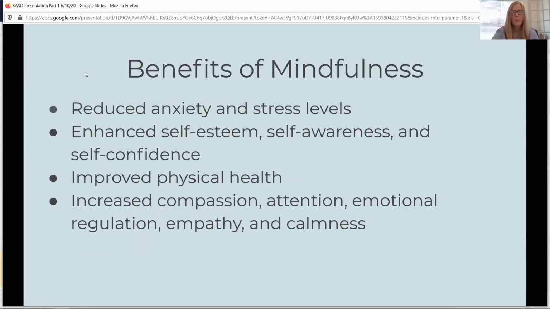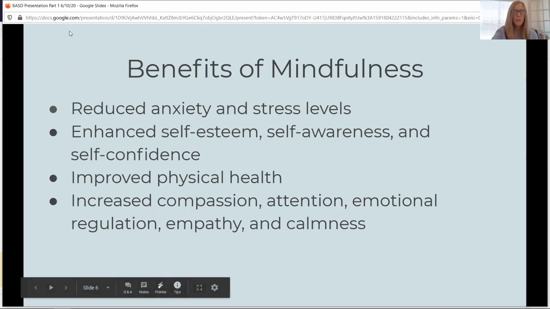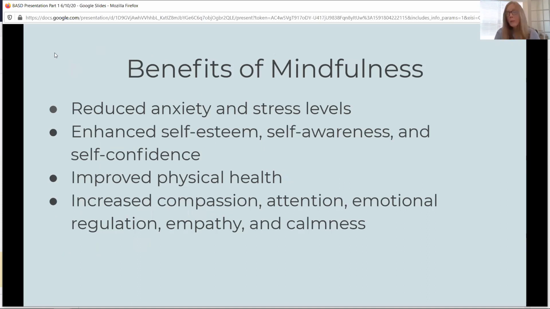Benefits of mindfulness, we'll just go through this quickly. A lot of research has been done on mindfulness, so this is science-based. Mindfulness does reduce anxiety and stress levels. There are actual chemical reactions going on when we get stressed out.